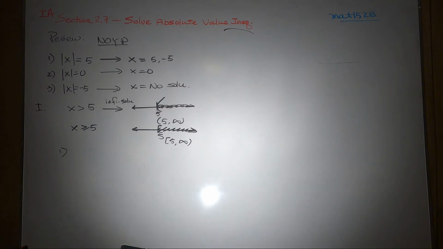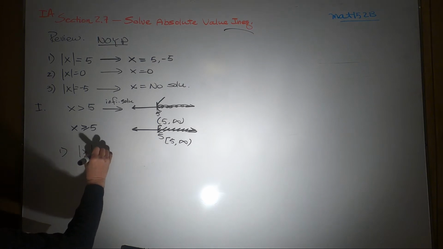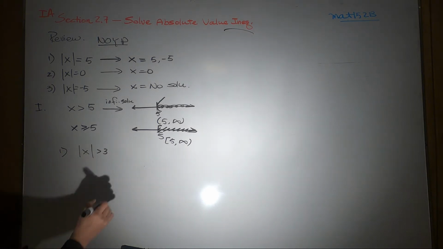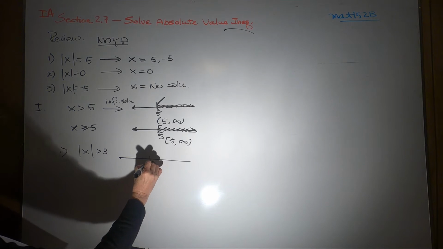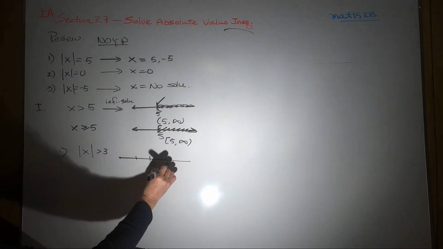Okay, so we want to graph all the numbers which make each inequality true, and write a math statement which describes the graph without using absolute value signs. So what do we try to do? If we say the absolute value of x is bigger than 3, that means, here's your 0, where does x belong?